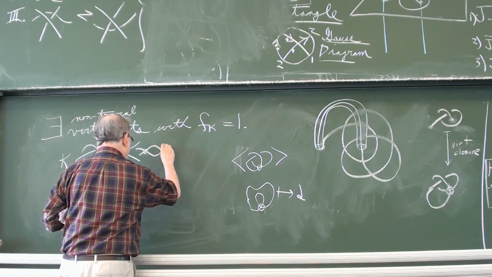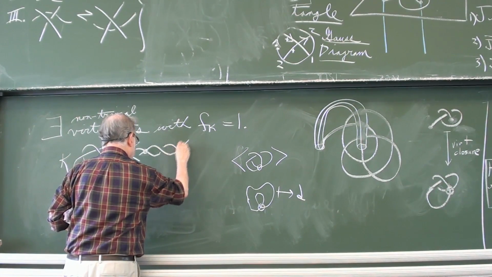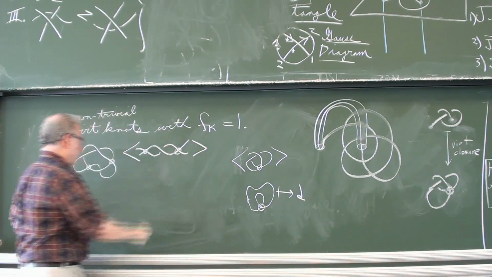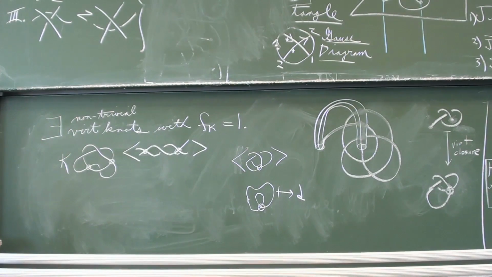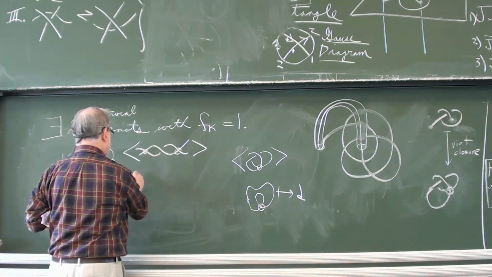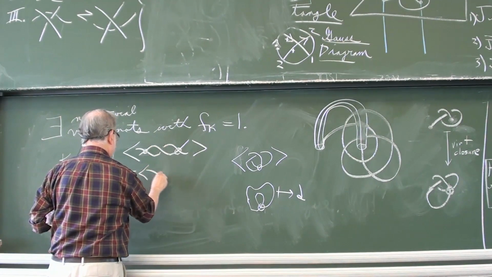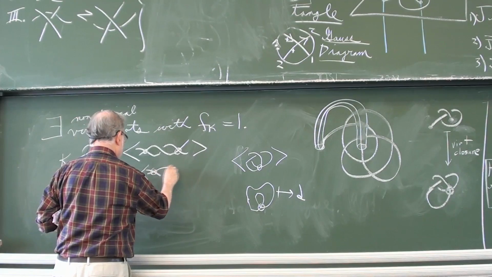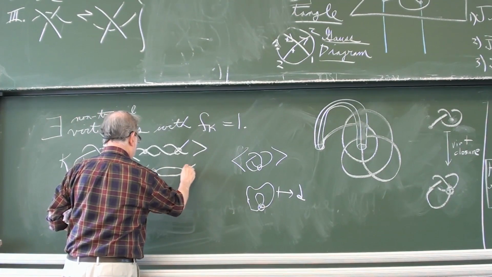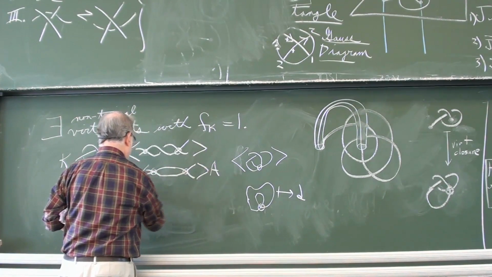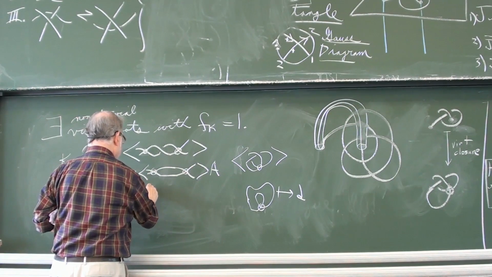So let's consider what happens with this little configuration here. And I'll do a bracket calculation, okay? So I expand this, A and B, and I get A expansion and A inverse.